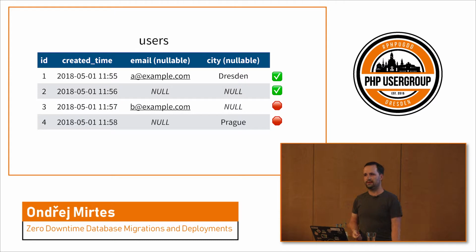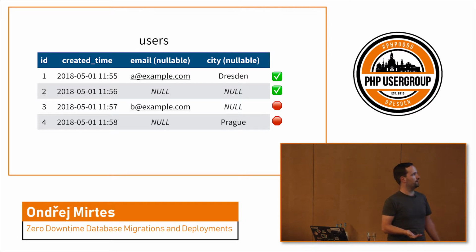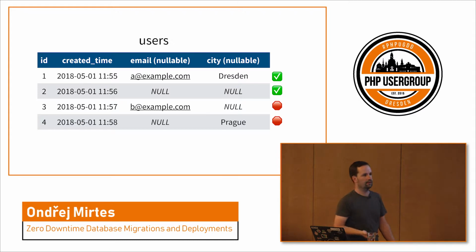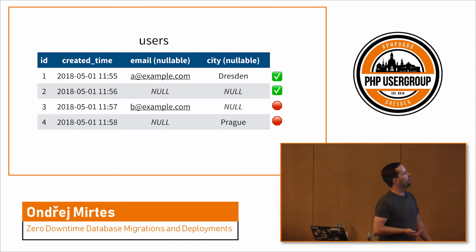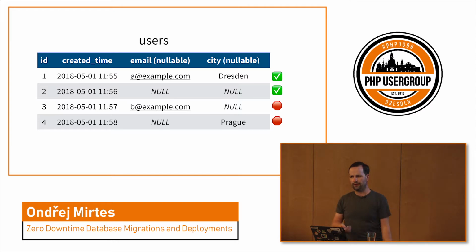But that also means that someone with direct access to the database could add, or if you have some bug in your application, you would be able to add a row that doesn't have a valid combination of data. So a registered user is required to have an email and a city they live in. But you could theoretically write an insert that adds a user with an email, but doesn't add a city, which is a problem.